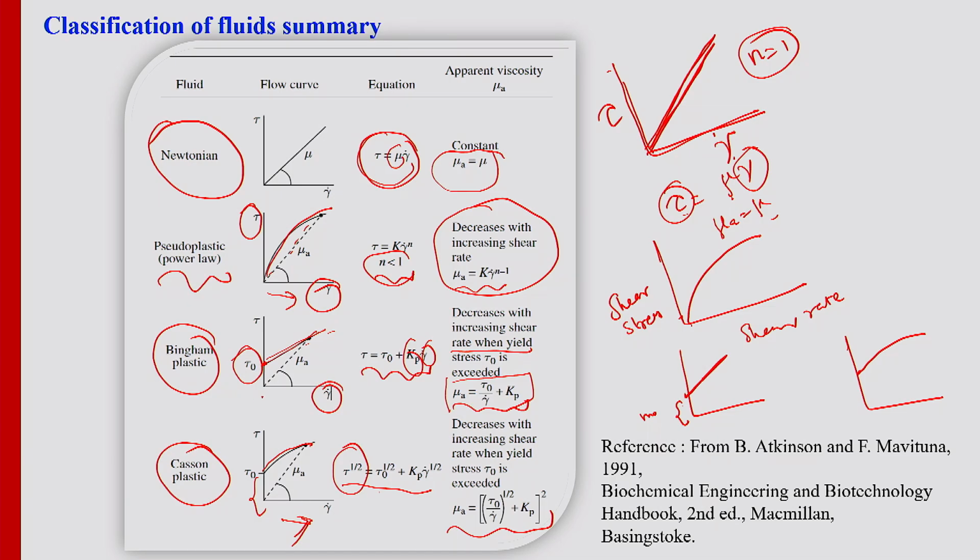So Bingham plastics: up to some point nothing happens, then when you increase the shear rate, it slowly increases. So this behaves as a Newtonian fluid, which we already discussed. Then the Casson plastic, with tau naught in the same way, but it behaves as non-linear.